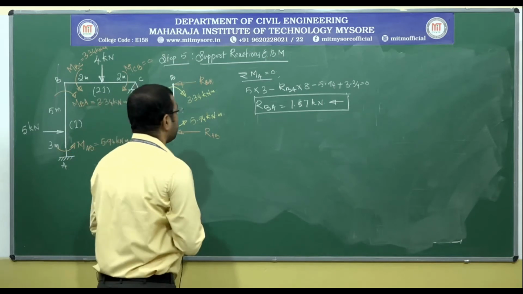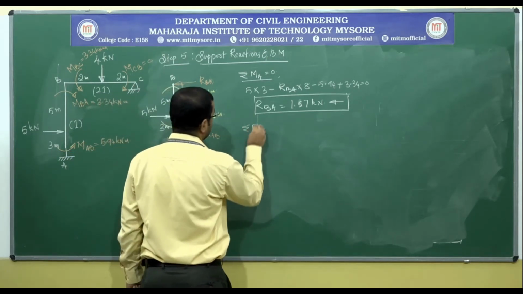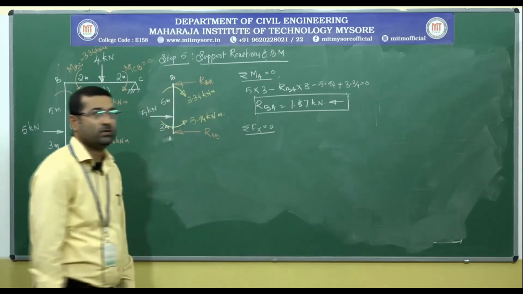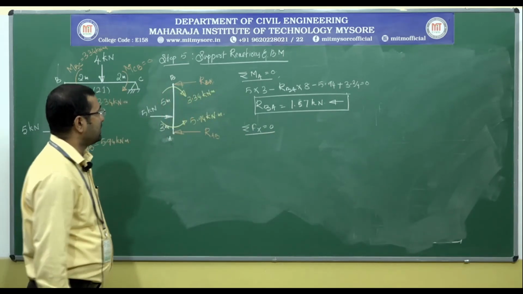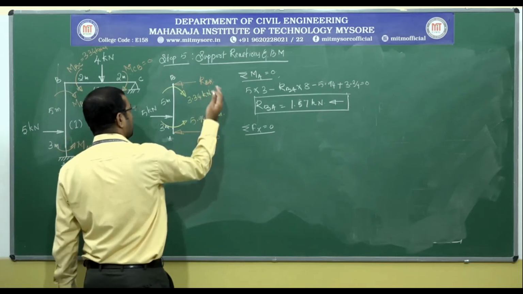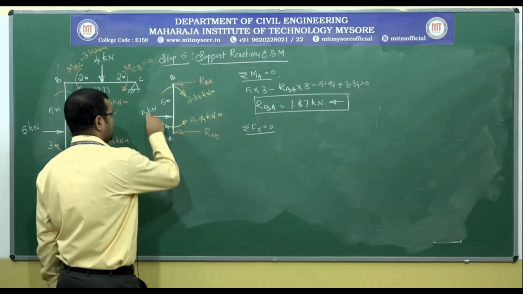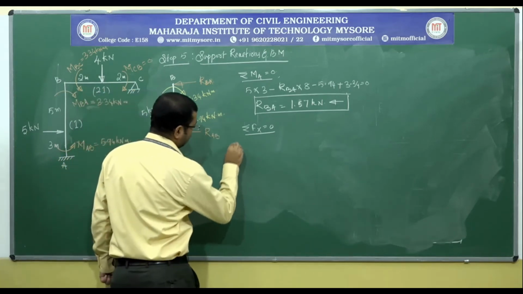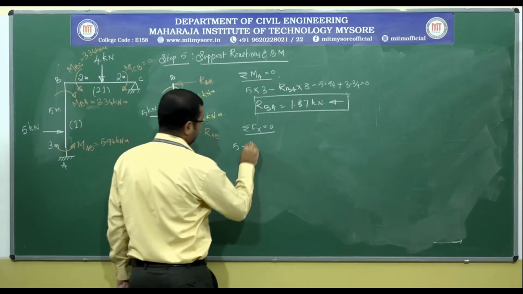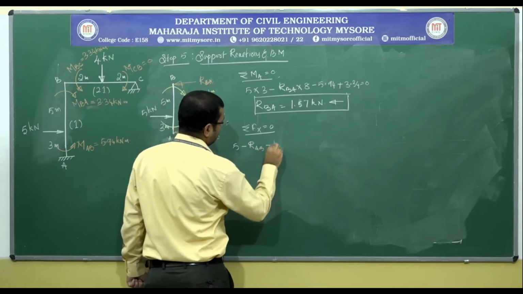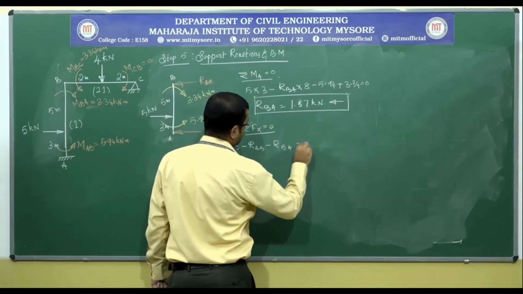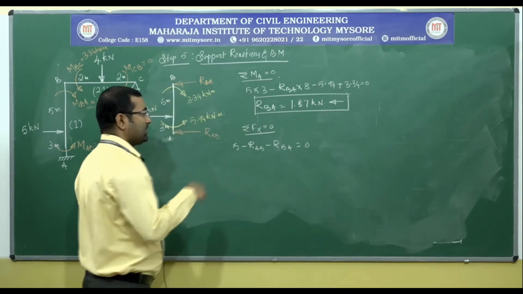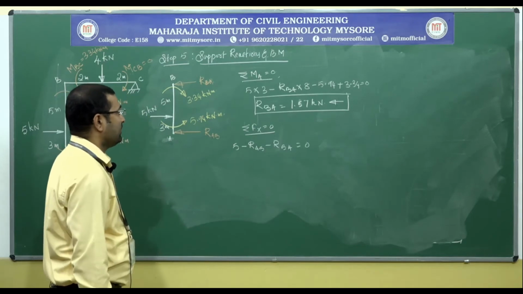So RAB we will get if I impose another equilibrium condition, that is the summation of horizontal forces must be equal to 0. So here you can see RAB and RBA are acting towards the negative x-axis, and this force is acting towards the positive x-axis. So it is 5 minus RAB minus RBA equals 0, or if you rewrite it, RAB plus RBA equals 5.